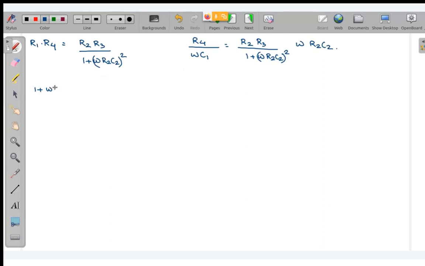So look over here, R2 C2 whole square is equal to R2 R3 divided by R1 into R4, equation 1. Now this equation 1 I am going to plug in over here.